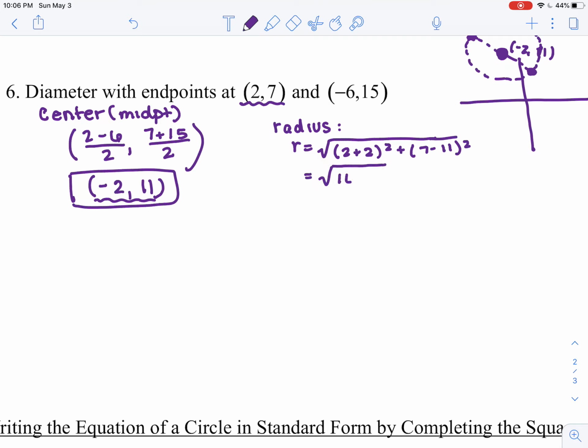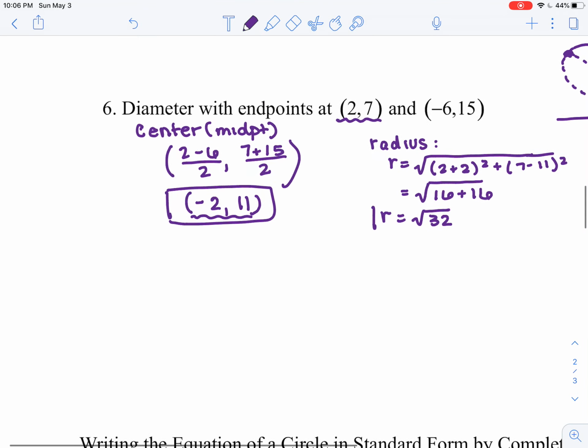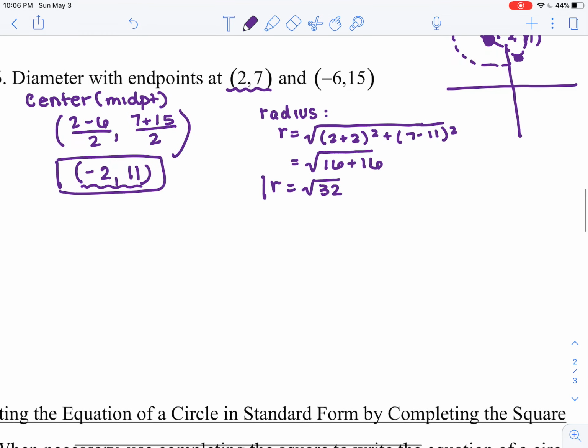So in the first parenthesis, we have 4 squared is 16. In the second parenthesis, -4 squared is also 16. 16 and 16 is 32. So our radius has a length of the square root of 32.